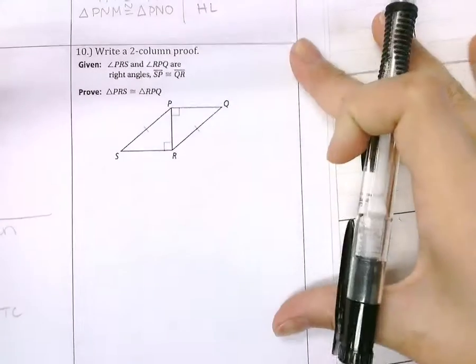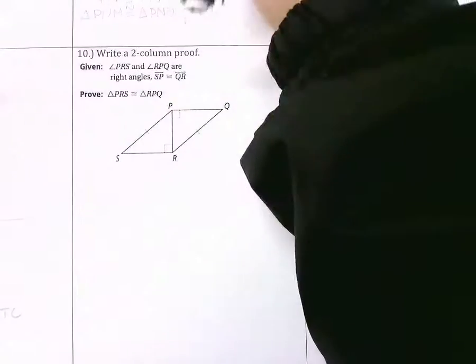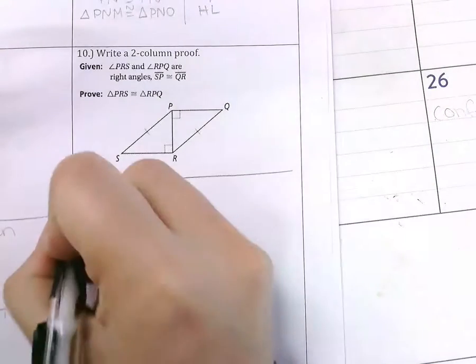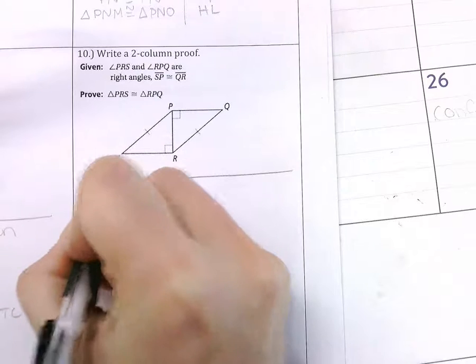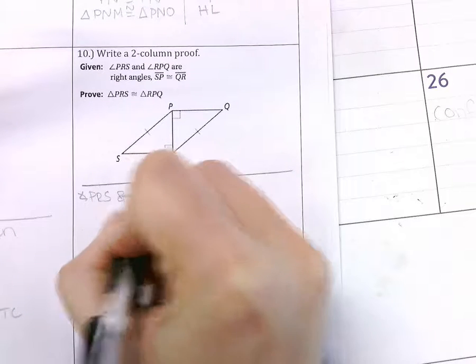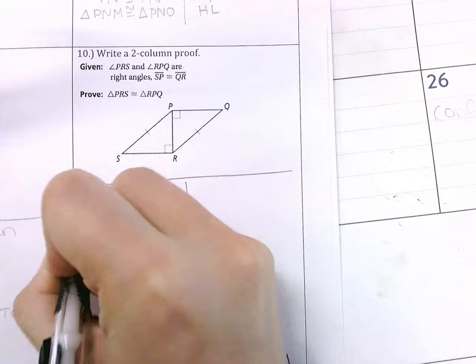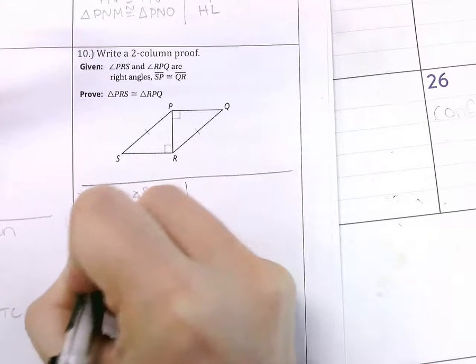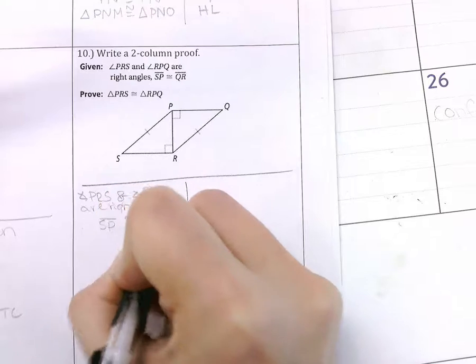Okay, so last one. Angle PRS and angle RPQ are right angles. And then SP is congruent to QR.